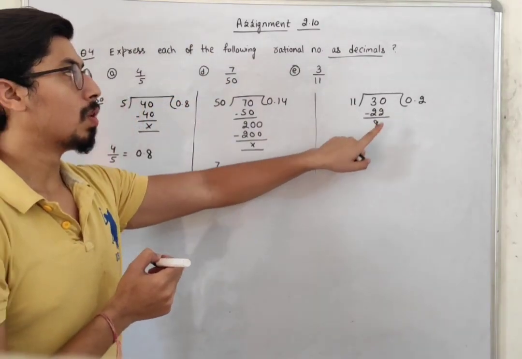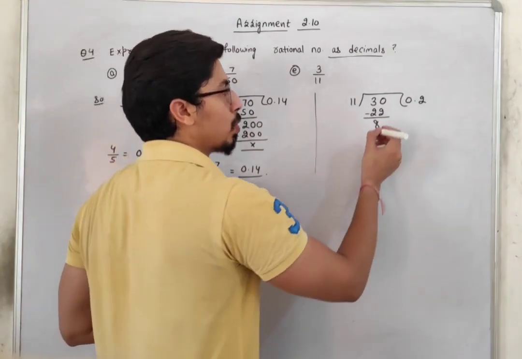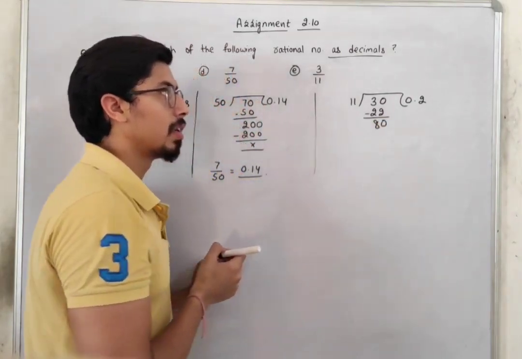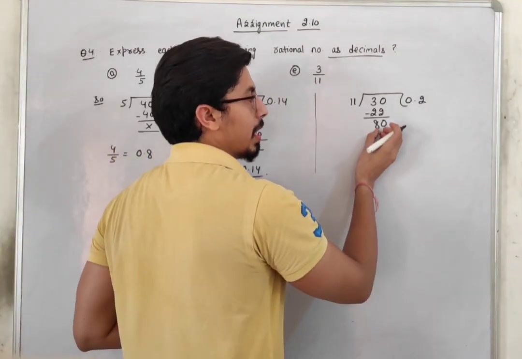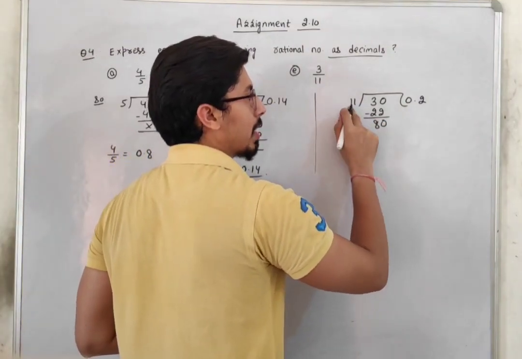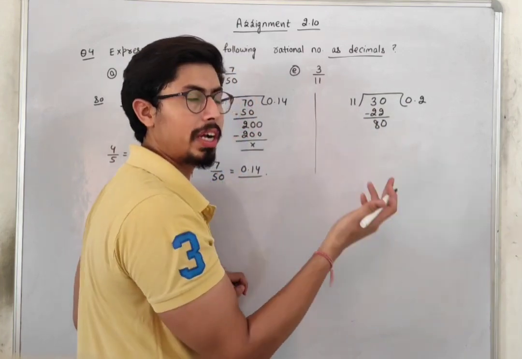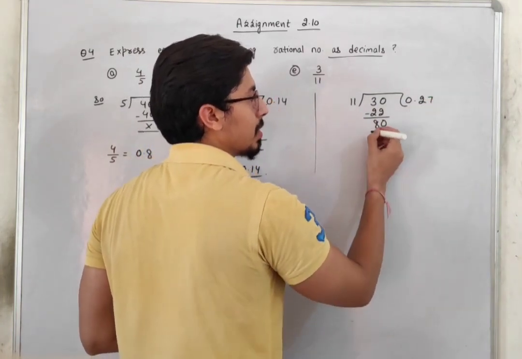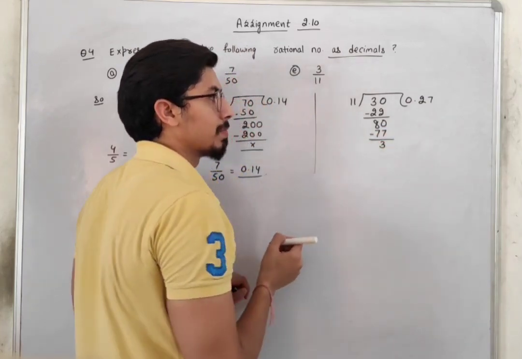Now 8 is less than 11, but we have already placed the decimal, so we can put an extra 0 here. So it will be 80. I have to make a number nearer to 80 with 11, so I will take 7. So it will be 77, and the remainder is 3.